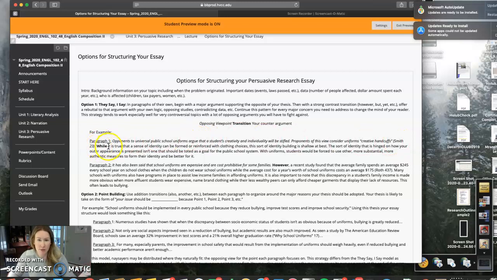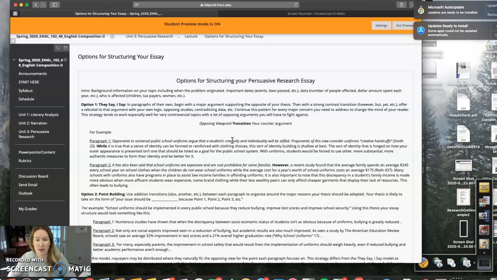In bold, here's that strong transition I talked about. So now the reader understands we're coming away from the opposing viewpoint and we're jumping to focus on how you answer that argument. So to kind of continue with this first paragraph, this first rebuttal, you would say, while it is true that a sense of identity can be formed or reinforced with clothing choices, this sort of identity building is shallow at best.